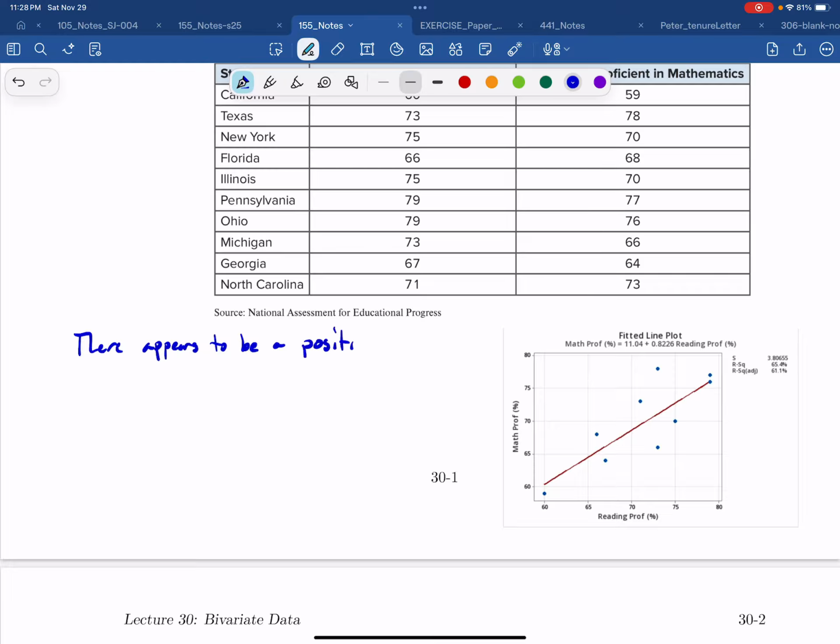There appears to be a positive relationship between reading and math proficiency.